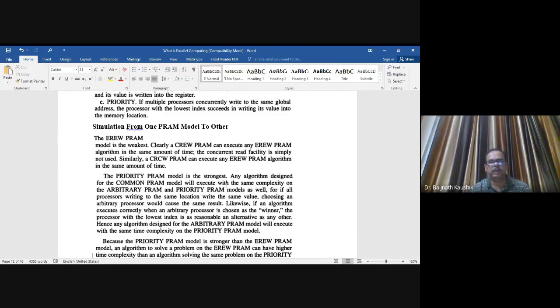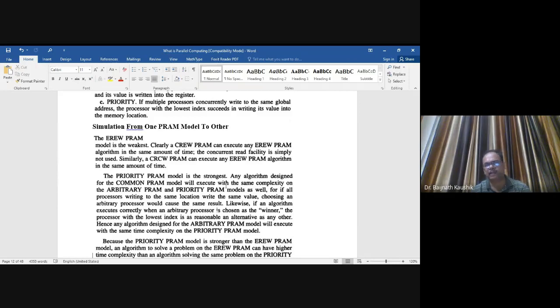We know that there are three different types of PRAM model: EREW, CREW, and CRCW. Among these three models, the EREW model is the weakest, and a CREW can execute an algorithm or program written for EREW in the same amount of time.